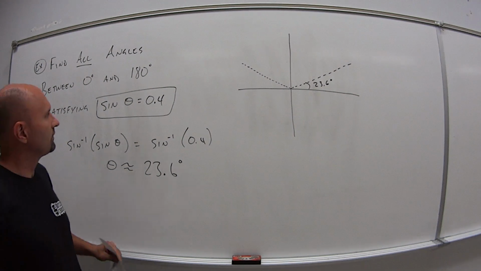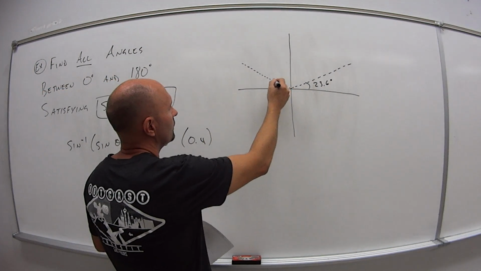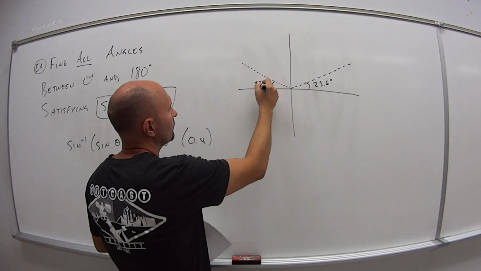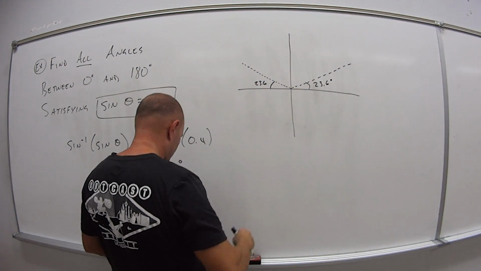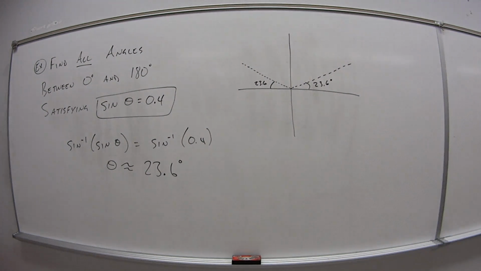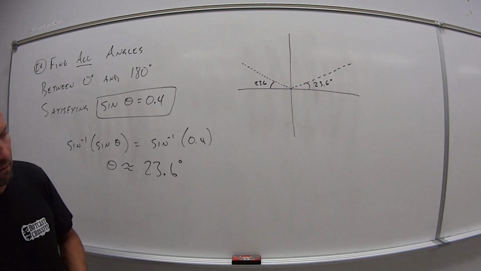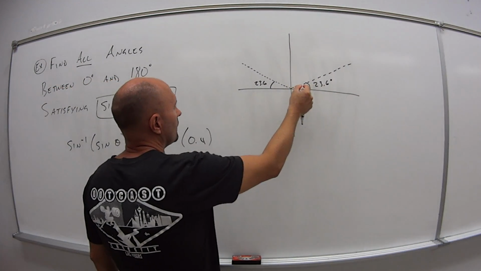In that case, we would do what? If we know that this angle in here is 23.6, then this bigger angle would be what?